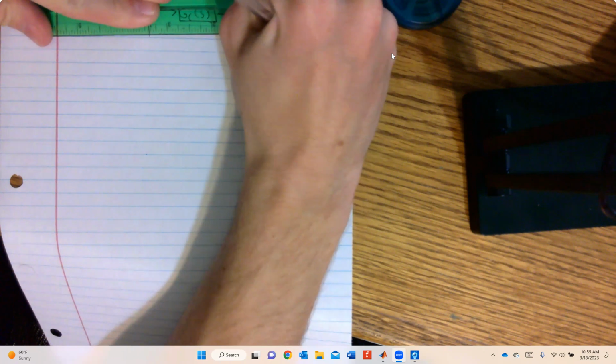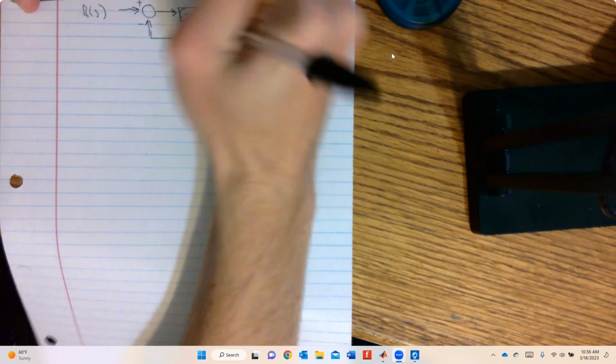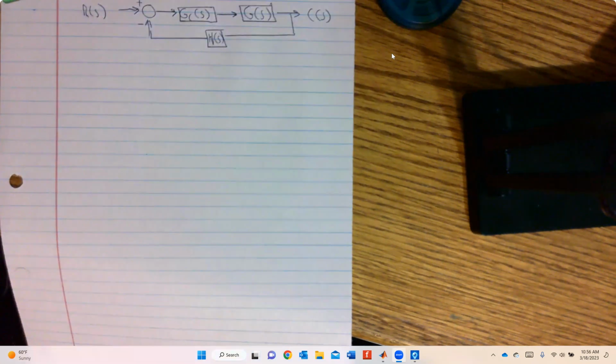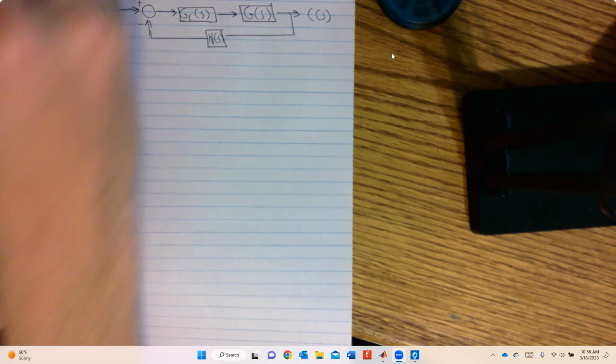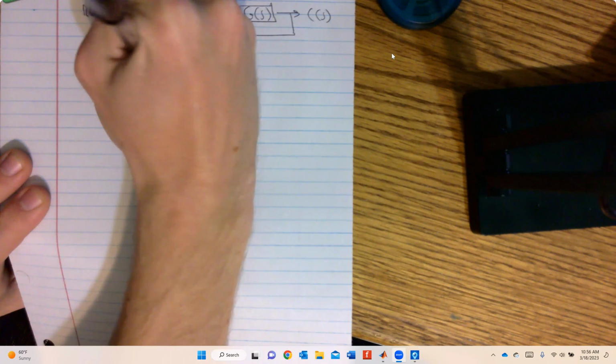And we have an H of s block here, say, in our open loop system. Then we close the loop, so we make a closed loop system. So what we need is a plot if we're going to do simple gain using Bode.